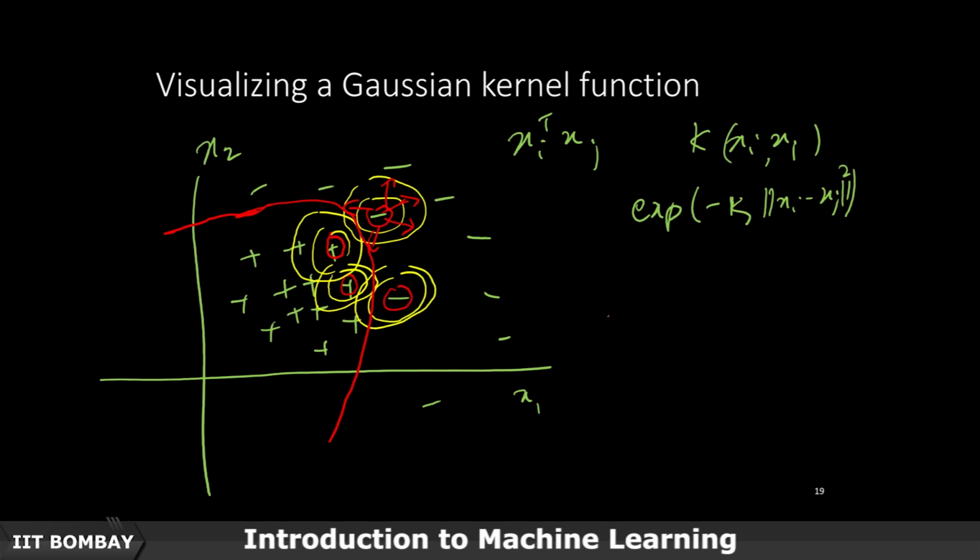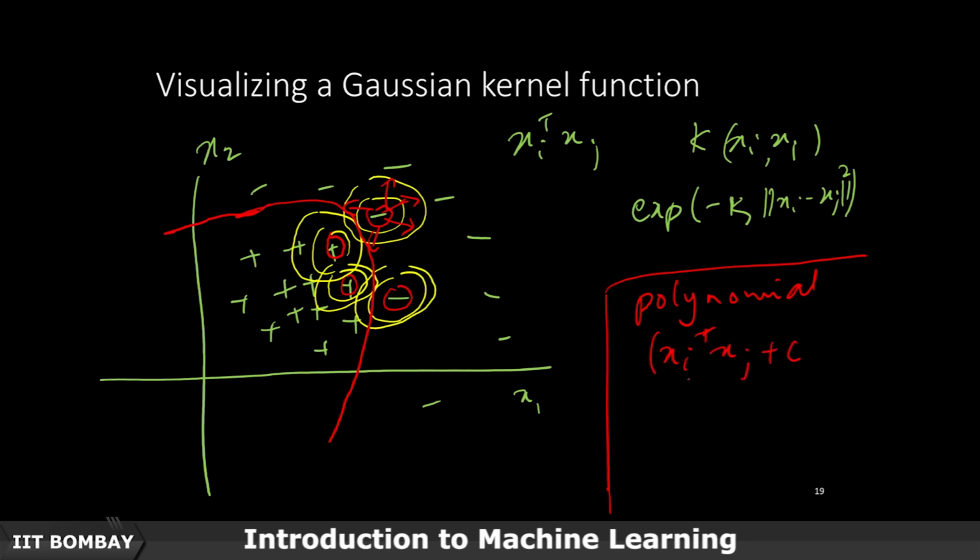Now there are other kernels that are also useful, not just the Gaussian kernel. There is something called a polynomial kernel, for example, where you have xi transpose xj plus some constant c, to the power d, where d is the degree of the polynomial.